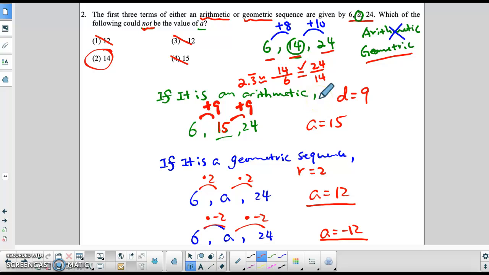On the other side, you have 24 divided by 14, which gives you a very different ratio. So obviously this is not the same ratio, which means it's not geometric either, right? So 14 definitely is not supposed to be a possible value.